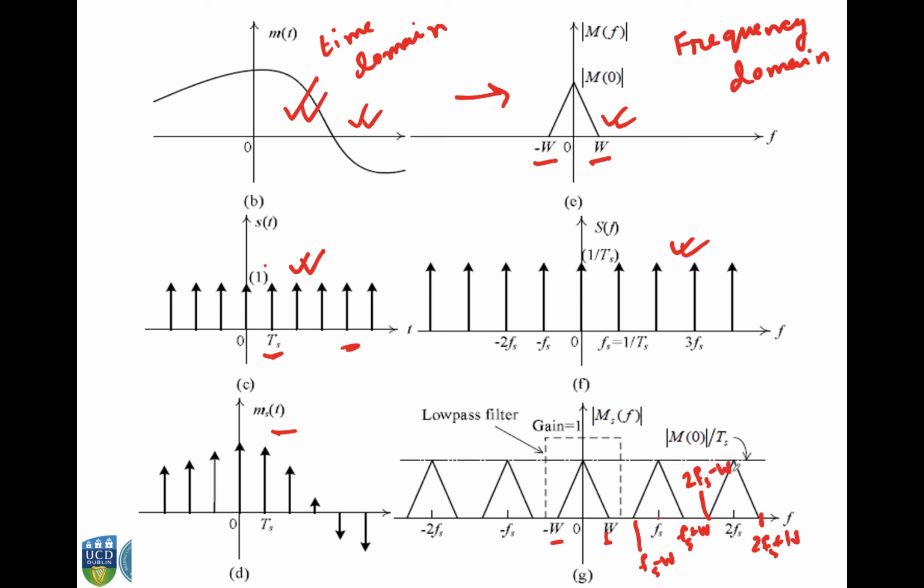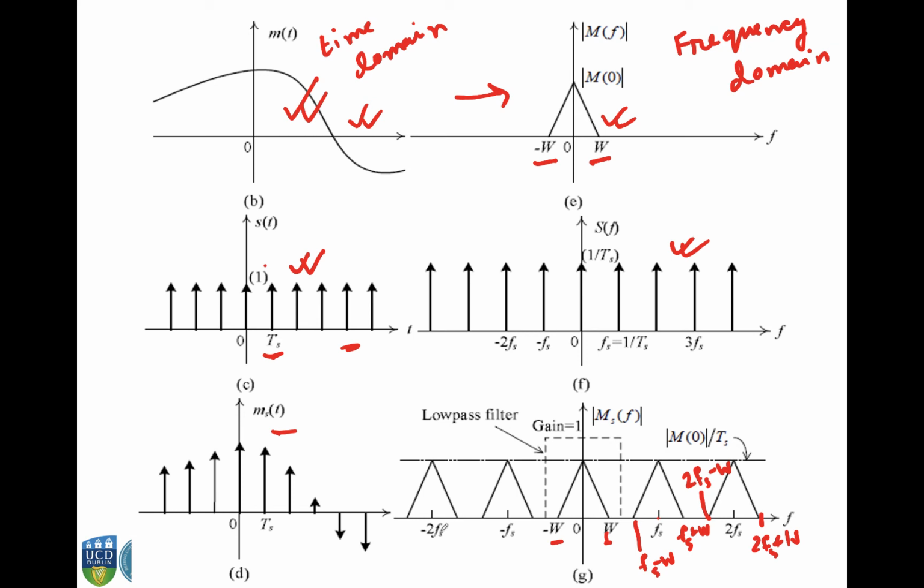The same signal repeats itself at an interval of fs, twice fs, thrice fs, and also in the negative direction at minus fs, minus 2fs, and so on. So this is the sampled signal.